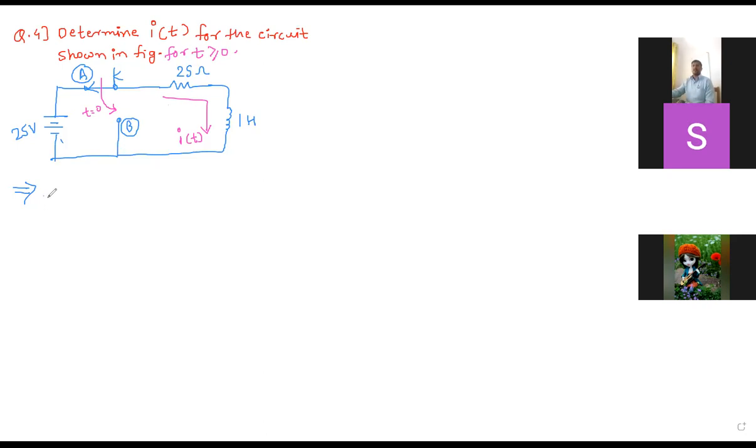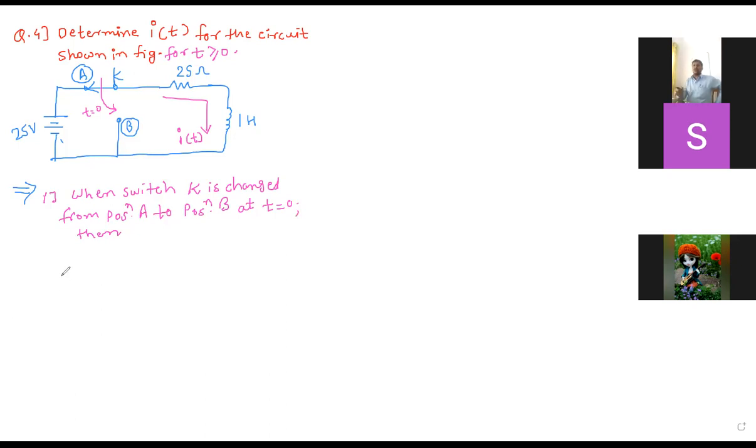Okay, now first step: when switch K is changed from position A to position B at t equal to 0, then the circuit you have to draw according to the new position of the switch.